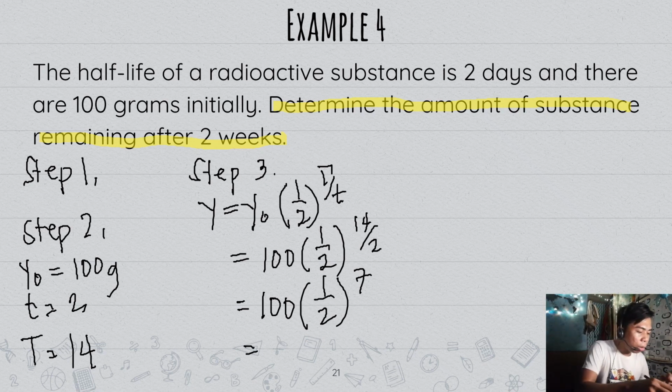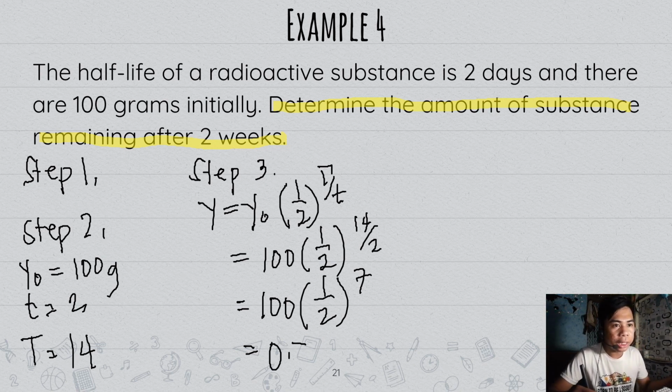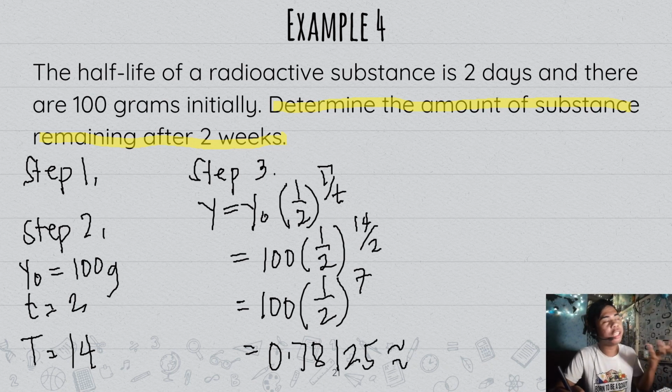Simply multiply those numbers. That gives us 0.78125, or you may round your answer to the nearest hundredths. So that would be 0.78.